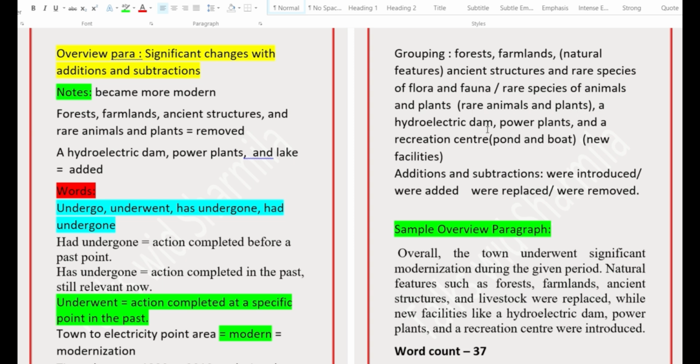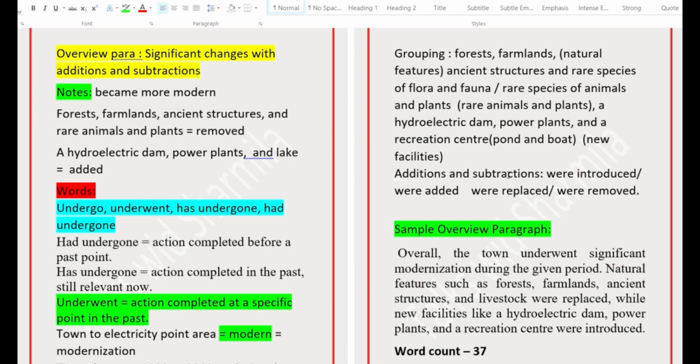Hydroelectric dam, the power plants and a recreational center, with the pond and boat, these are called the new facilities.